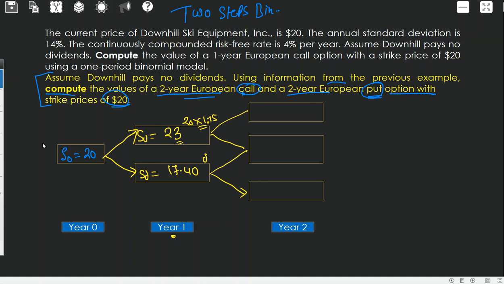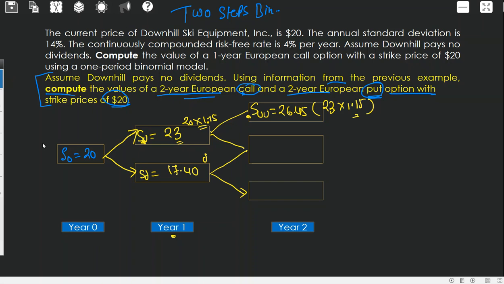What is SUU? S0, up and then again up. So SUU is 26.45. How? 23 into 1.15, the up move factor.